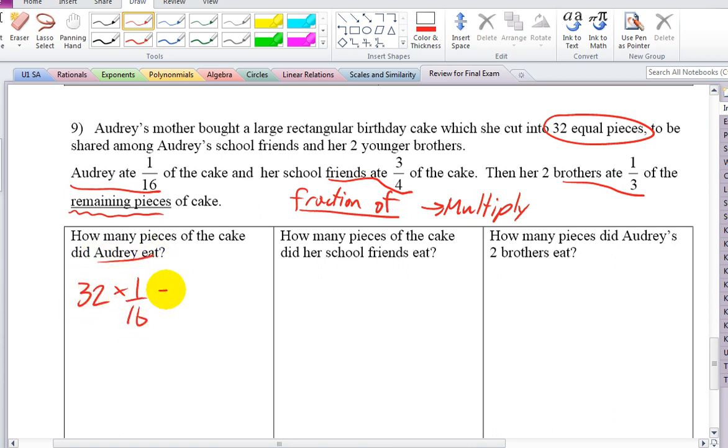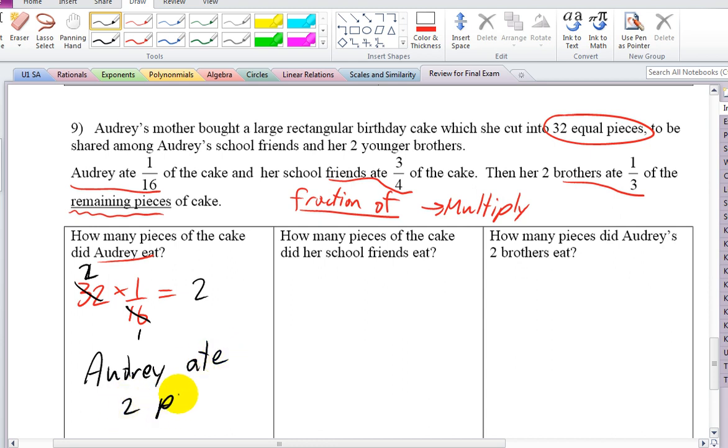Divide them both by 16. You get what? 1 and 16 is 2. So you get 2. So Audrey ate, past tense, 2 pieces.